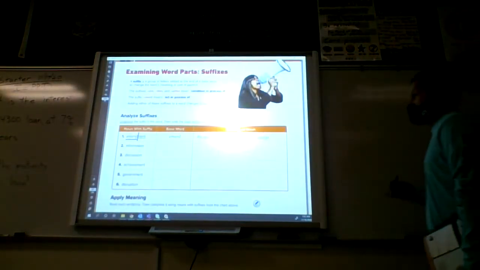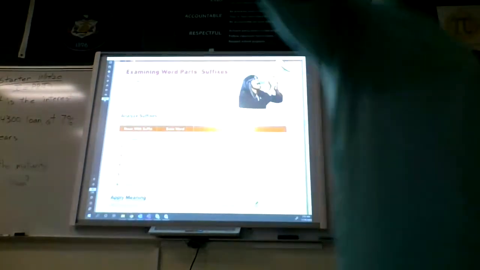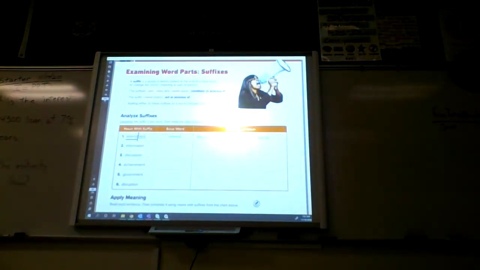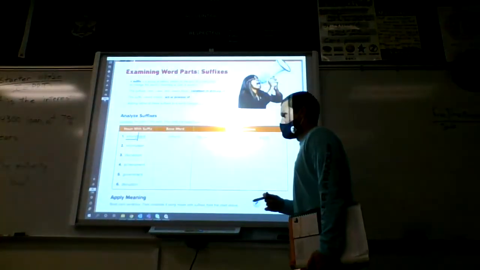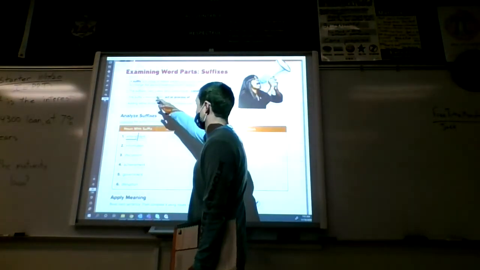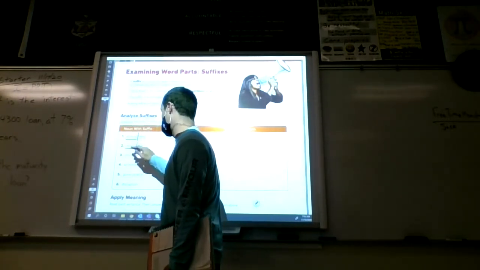Alright, let's take a look at the next word. The next word is information. What's that word, everybody? Information. Okay, I didn't hear you guys. The word information, what's that word? Information. Good. Okay, so the base word of information, if I know that suffixes have ation, my base word is going to be inform.